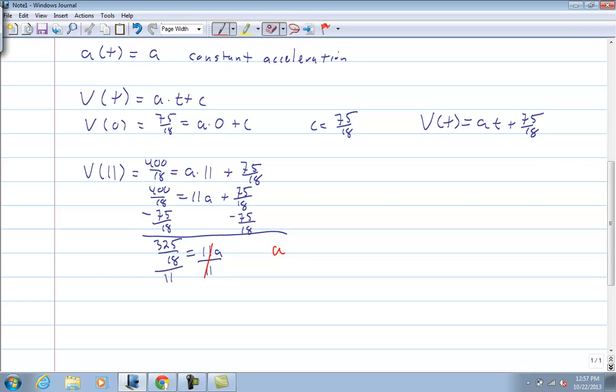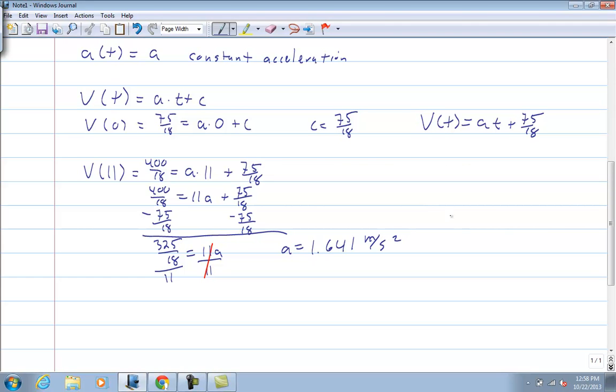And a equals 325 divided by 18 divided by 11. And I get 1.641 meters per second squared.